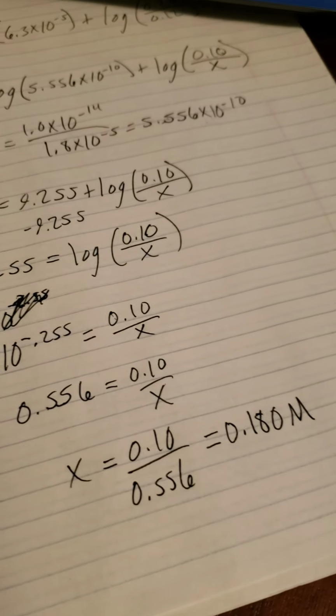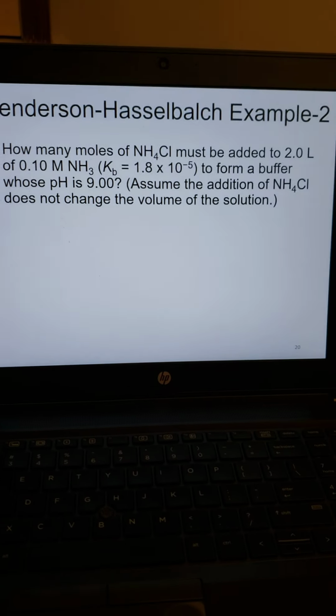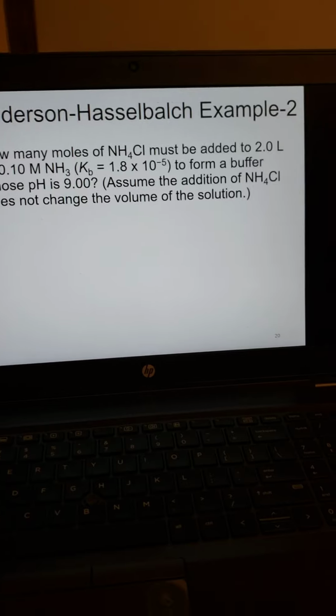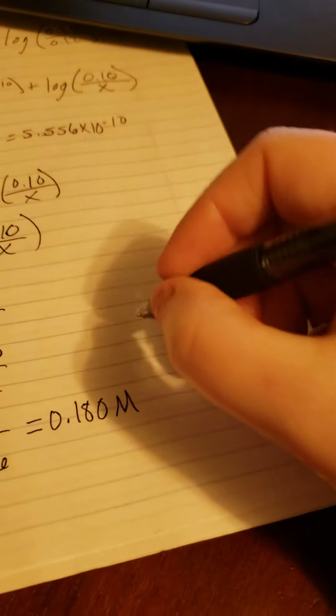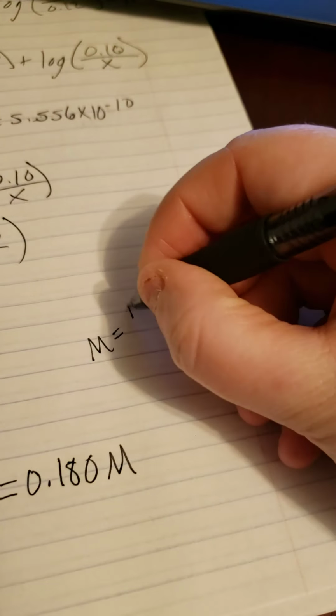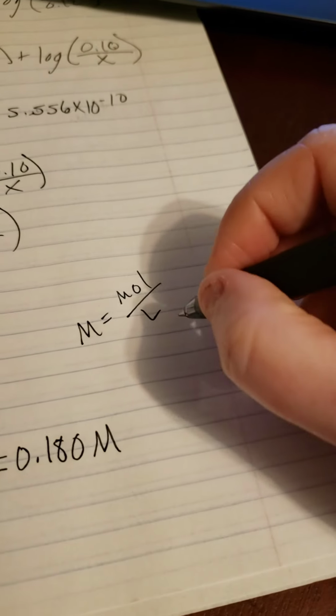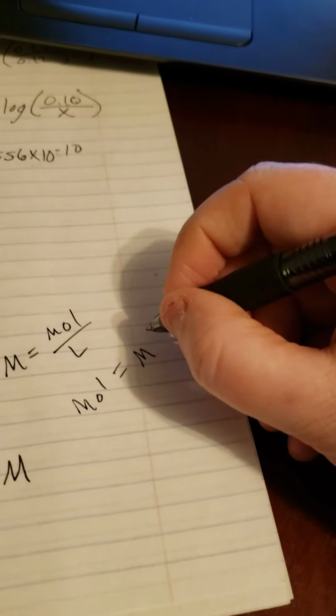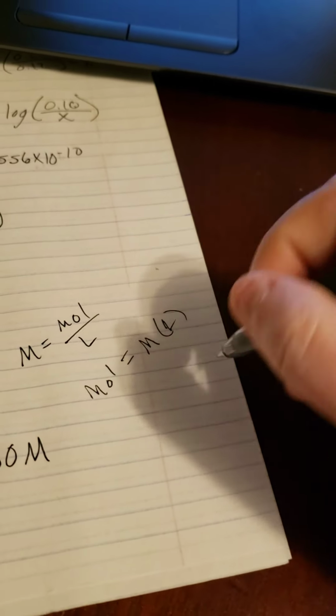So this is molarity, but this is not what they asked us for. If we go back to the question, they said how many moles must be added to 2 liters. So molarity is equal to moles over liters. Thus, if we rearrange this equation, moles is equal to molarity times liters.